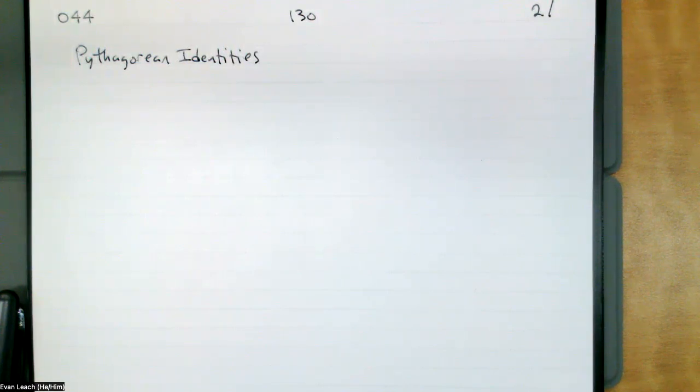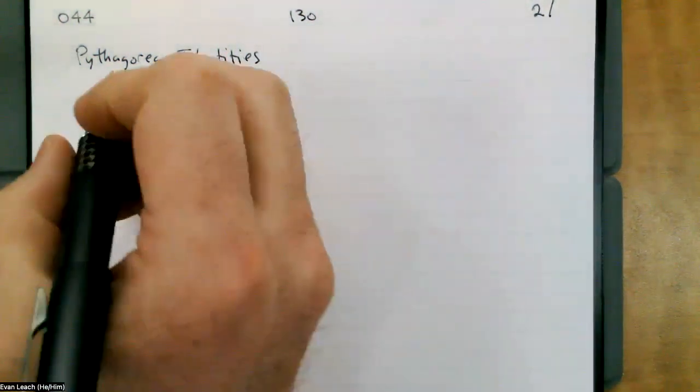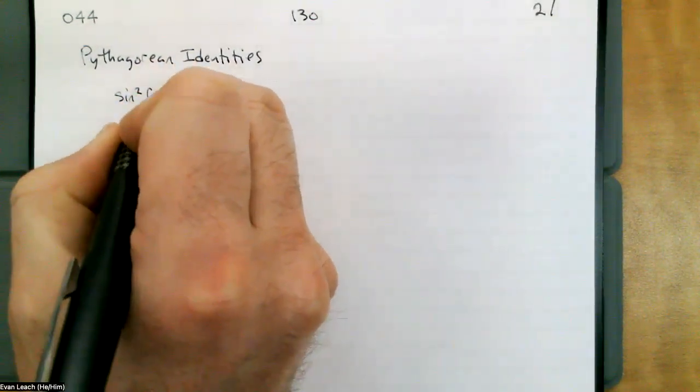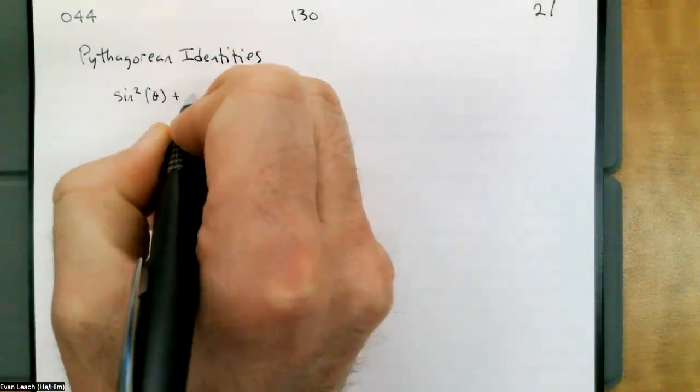There's one of them that you have to have. Don't forget it. Sine squared theta plus cosine squared theta is equal to 1.